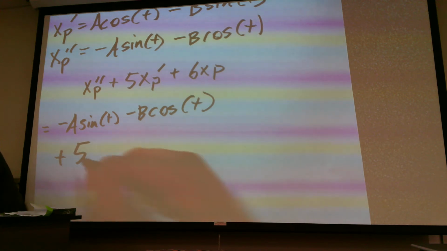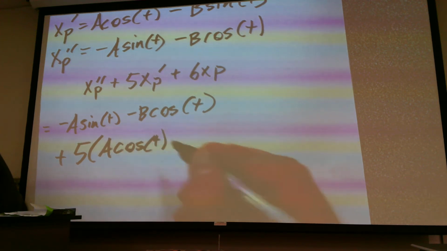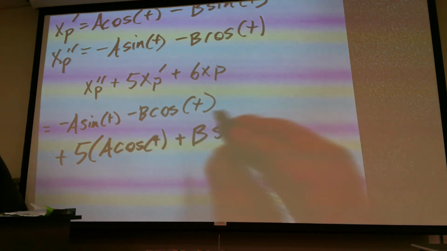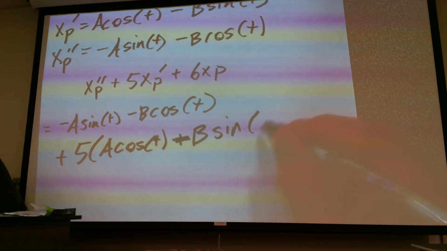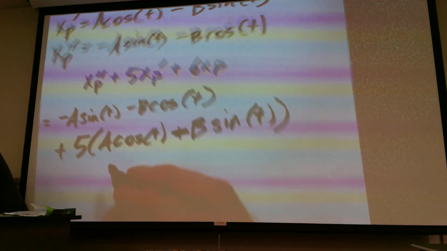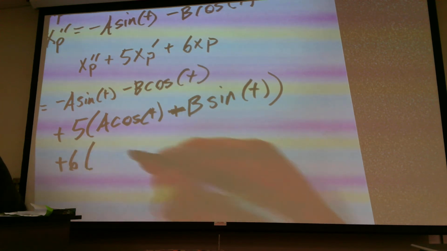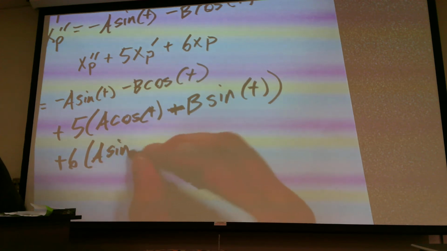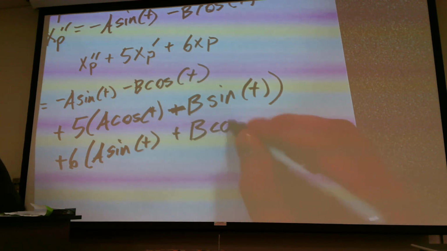Now plus 5, that would be a cosine of t minus b sine of t. And then plus 6 times just x of p, which would be a sine of t plus b cosine of t.